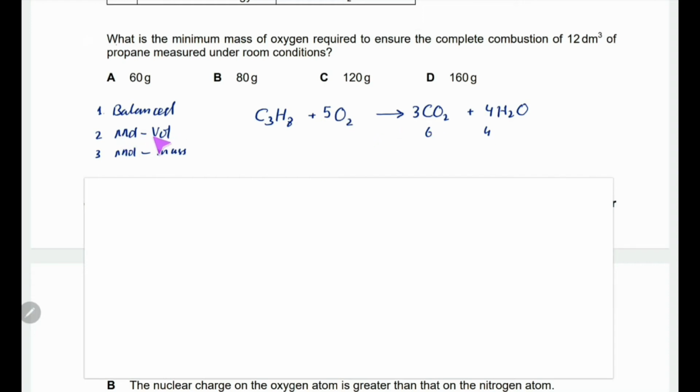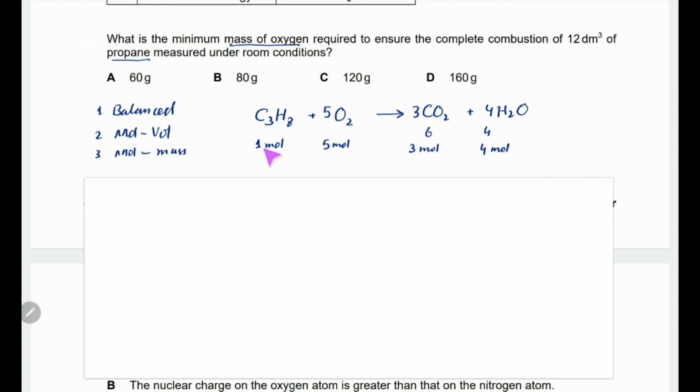Coming towards the mole volume stoichiometry. From here, we see that 1 mole of propane is burning with 5 moles of oxygen, producing 3 moles of carbon dioxide and 4 moles of water. Now in the question, we have to study the mass of oxygen and propane.